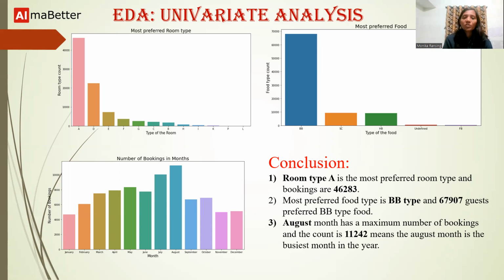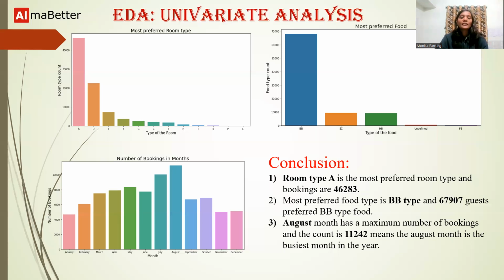Now the next one is the most preferred food. For this I used a count plot, and I got the insight that the most preferred food type is BB type, with 67,907 guests preferring BB type food.